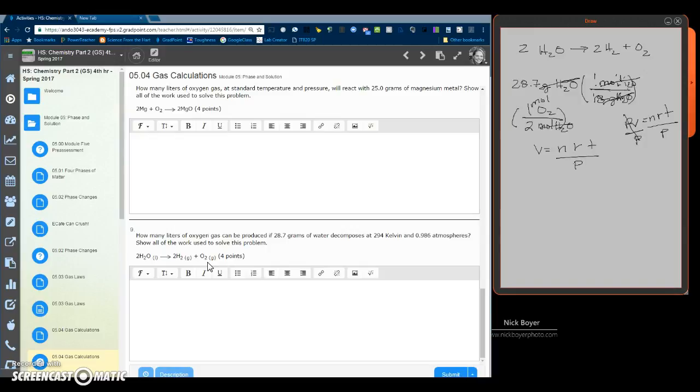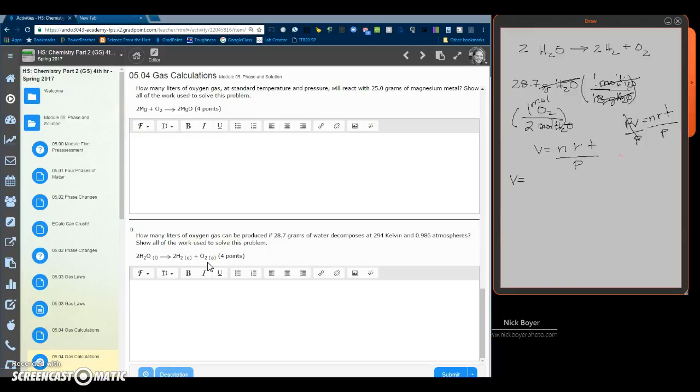Okay, so here we go. Let's plug in what we know. We know we're looking for volume. We have the number of moles, so let's do the math real quick: 28.7 times 1 divided by 2, then divided by the molar mass of 36. 28.7 times 1 divided by 36 equals 0.797.